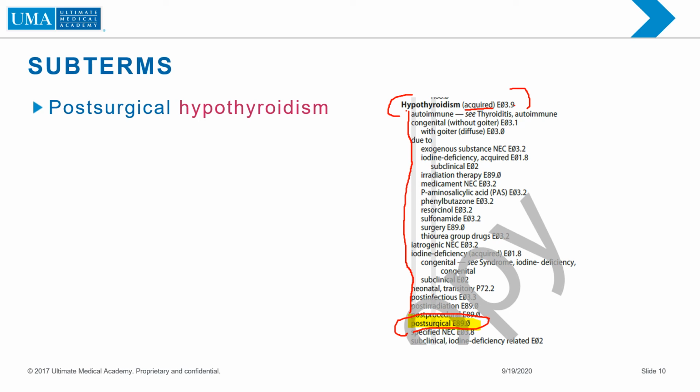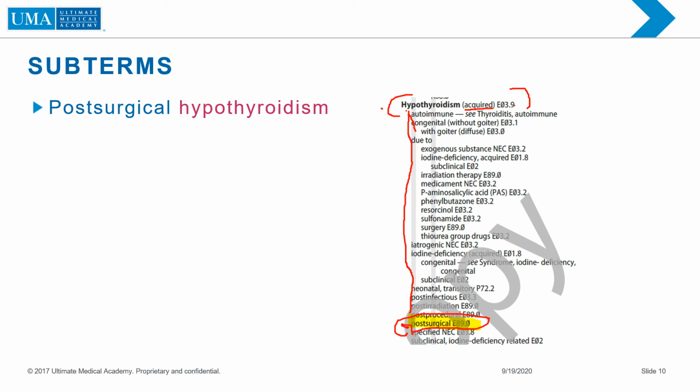So in this case, we went in the alphabetic index, looked up hypothyroidism, and saw the default is acquired. We know we don't need that because it was post-surgical. We then go down through and review all of the other diagnoses under hypothyroidism, and we come to the one that we want, which is post-surgical.